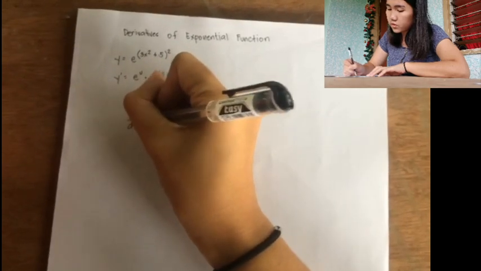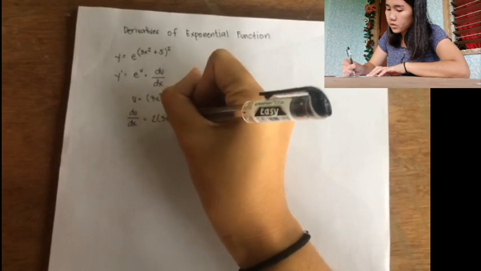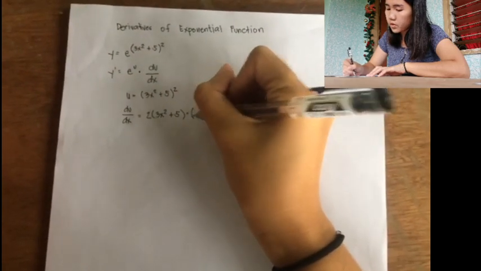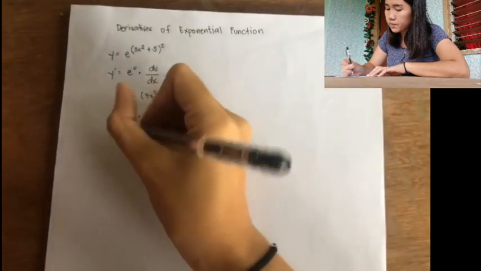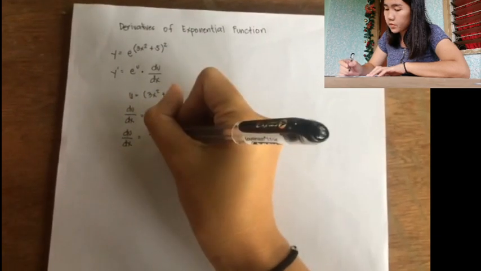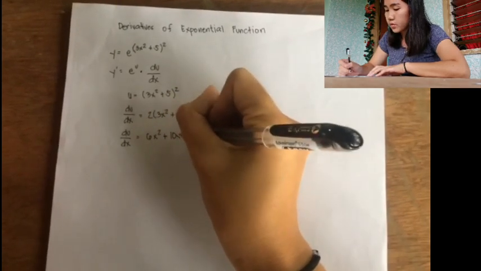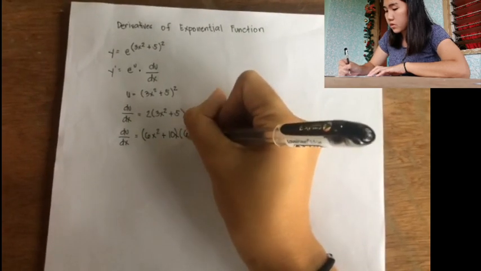To get the derivative of u, we use the power rule, which is 2 times (3x squared plus 5) times the derivative of 3x squared plus 5, which is 6x. So 2 times (3x squared plus 5) is equal to 6x squared plus 10, times the 6x.